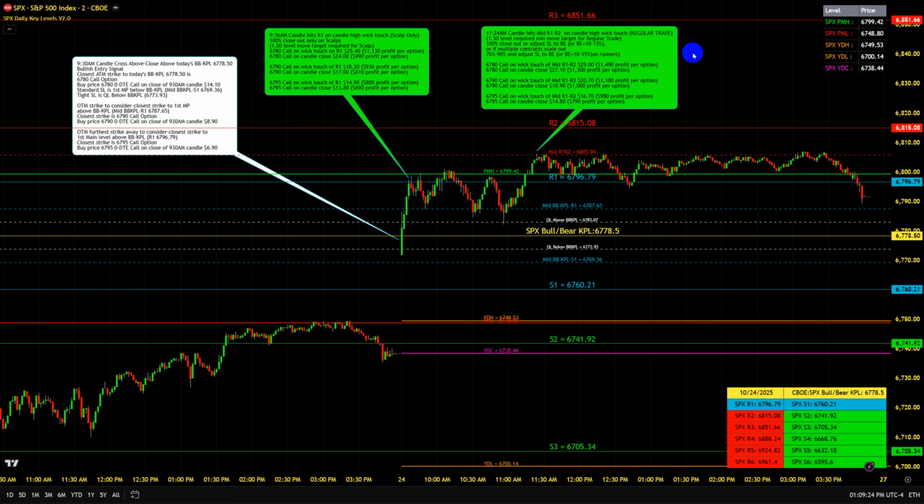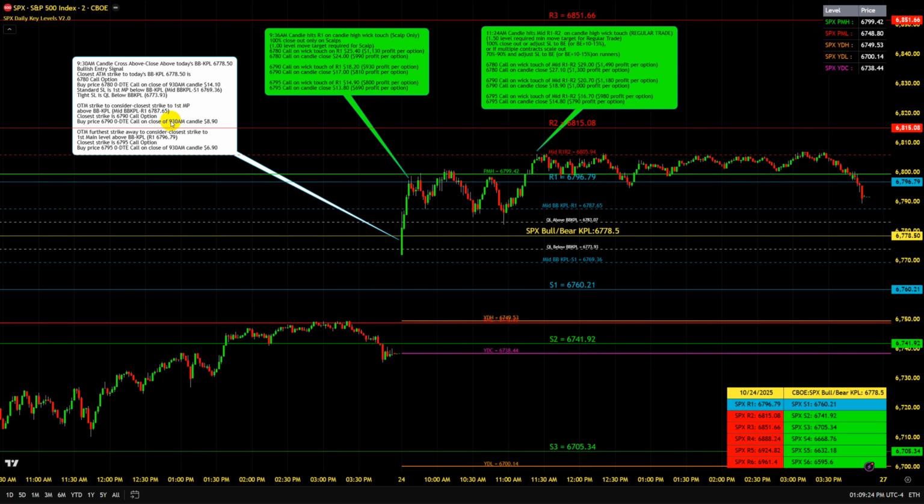So for example, if we were just adjusting to break even on this at the money call, we paid $14.10. It was based on a level before, but now we're going to adjust our stop loss to break even, which means our stop loss is going to be what we paid, $14.10.